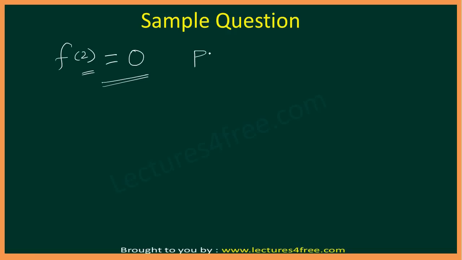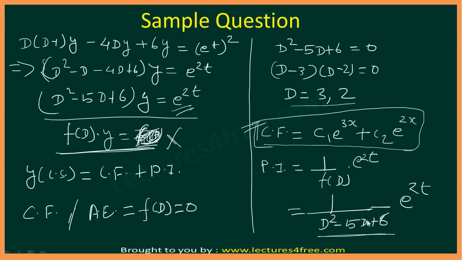For this type of case you have to differentiate the function of D, the denominator function, and multiply with your independent variable. Here it's t, not x. So you multiply with your independent variable t, then differentiate it.